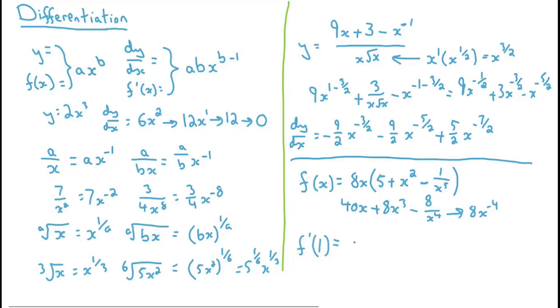Now, differentiating this, if this is a power of 1 here, 40 times 1 is 40. And then that 1 drops to a 0, so the x term disappears, which is 40. Here, we'd have 8 times 3. That's going to be 24.